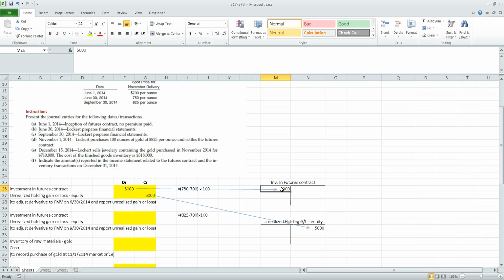So to get that account balance from its current balance of $5,000 to its desired balance of $12,500, obviously is going to take a debit of $7,500 to the investment in futures account and an offsetting $7,500 credit to the unrealized holding gain or loss dash equity account.